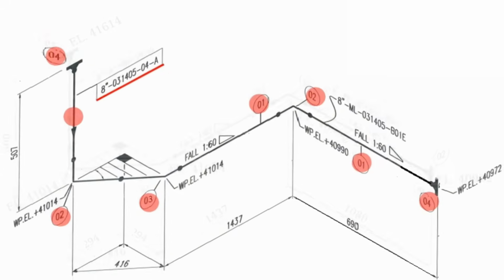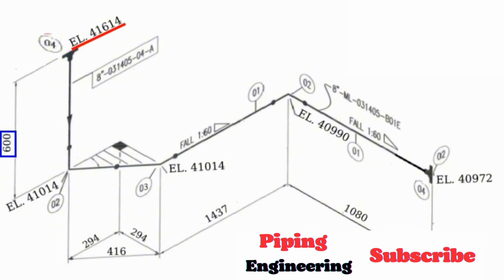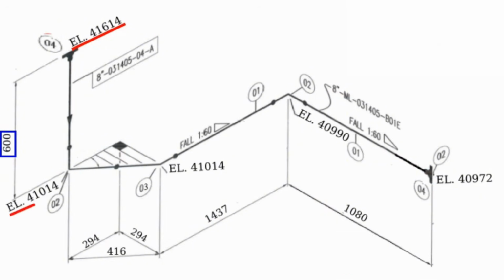Now, let's learn how to calculate pipe slope in piping systems. As you can see, the starting point elevation of this pipeline is 41,614 millimeters. Then the pipeline goes downwards vertically 600 millimeters. The height of this point is 41,014 millimeters.